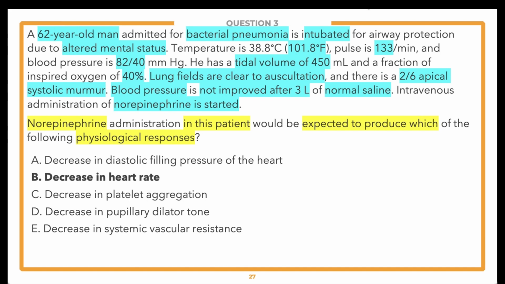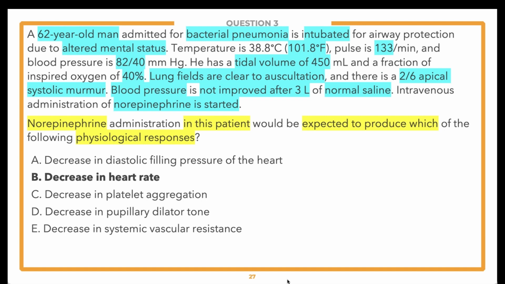So now what we have to do is provide hemodynamic support to make sure that we have enough perfusion to these tissues, because if not, we're going to end up with multi-organ failure. Okay, so how do we do that? Well, the first step is fluid resuscitation. And as you can see here, they were given 3 liters of normal saline, and that didn't work, so it was insufficient.